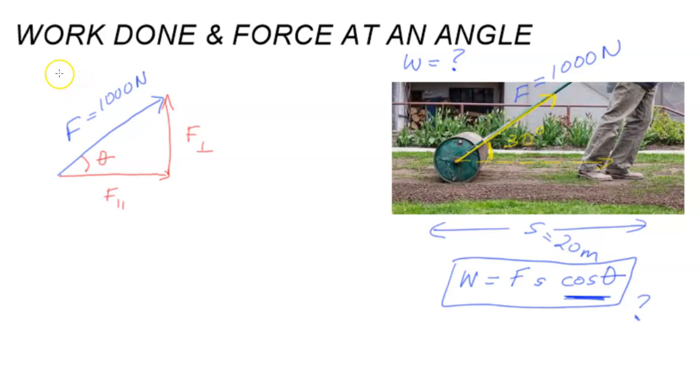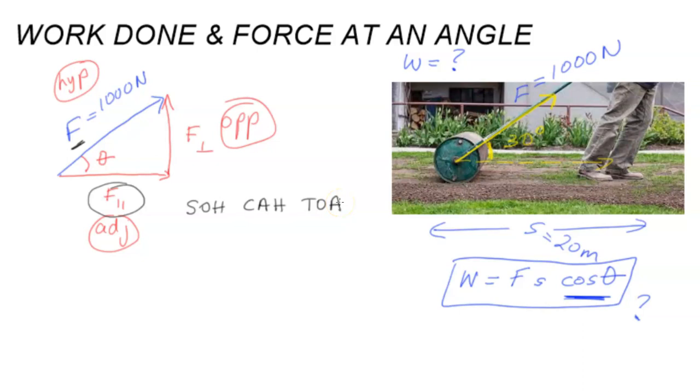So we've got our hypotenuse, we've got our adjacent, and our opposite. Now, the only component of this force which is contributing to the work done on the lawn roller is the parallel component.